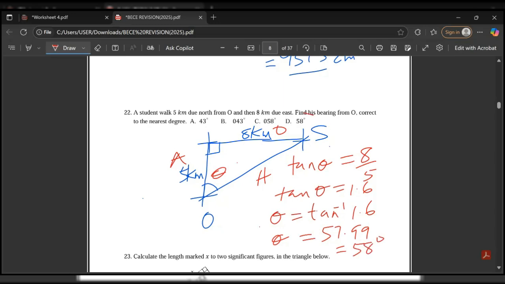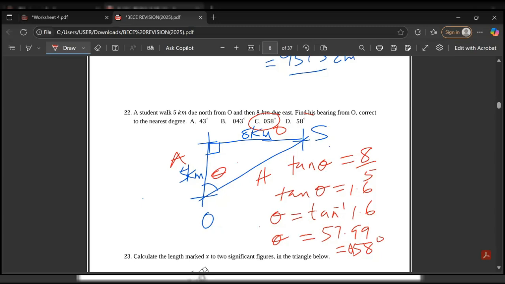We are going to make use of C. We pick C because this is a 3-digit bearing. You can see that in the options we have 058 and D58.